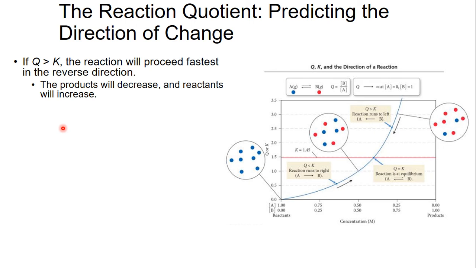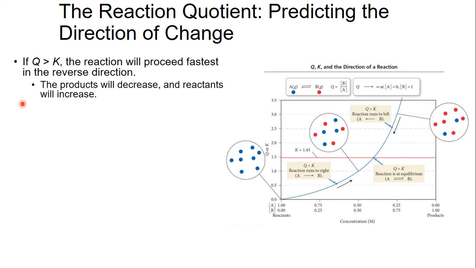We can use this to determine which way our reaction is flowing. Let's say we are given some concentrations at some time point, and we want to know if we're above equilibrium, below equilibrium, or equal to equilibrium. By above and below, I'm talking about comparing the value of Q to K. Let's say our value of Q is bigger than K. That means our numerator is bigger than our denominator.